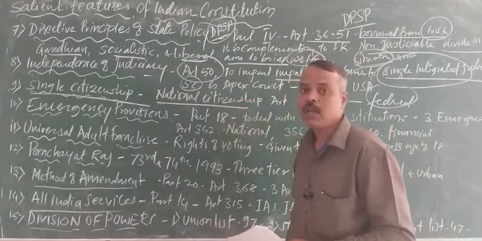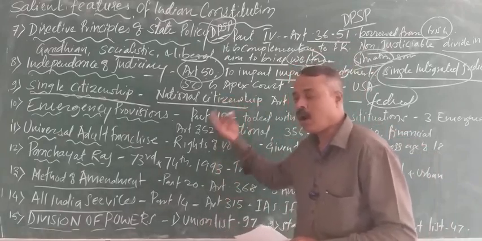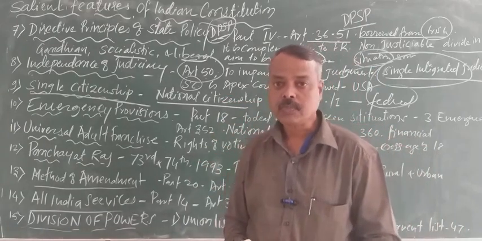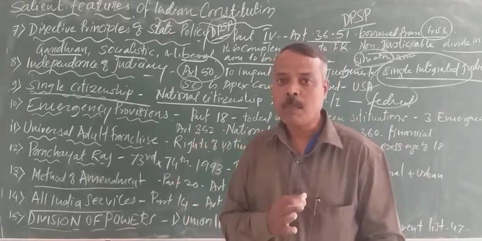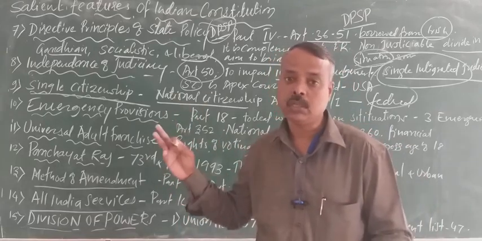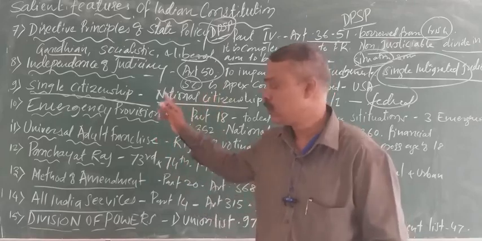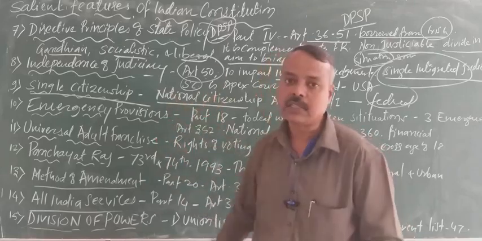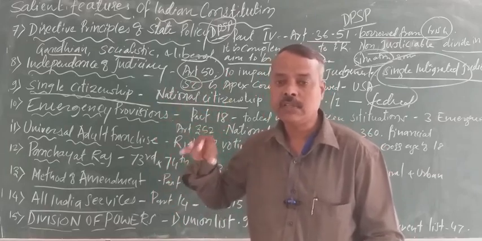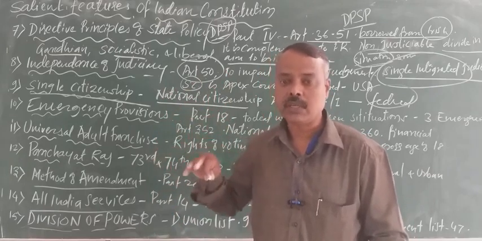National citizenship is provided. If you see other states, for example America, which is a federal state, since there is a division of powers or division of states also, there are two citizenships. One is the citizenship of America, that is central citizenship, and another is the citizenship of a state where a citizen stays in a particular state.